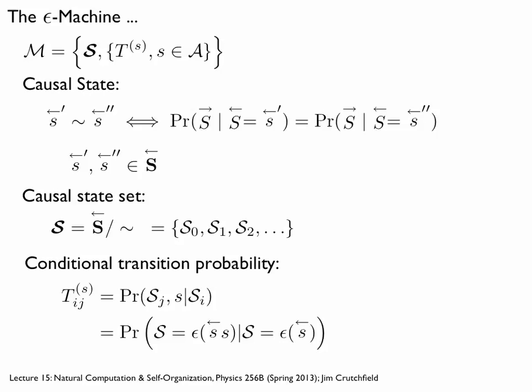So we just group histories together when, conditioned on those particular histories, the view of the future is the same. In other words, don't make distinctions between particular pasts if they lead you to the same view of the future. You can either think of this as incredibly obvious or profound.